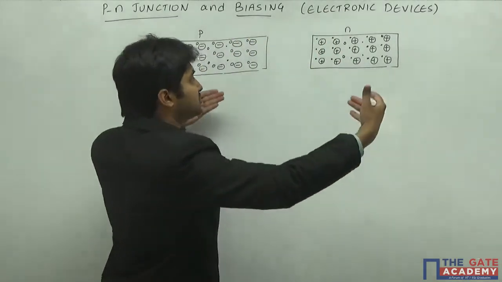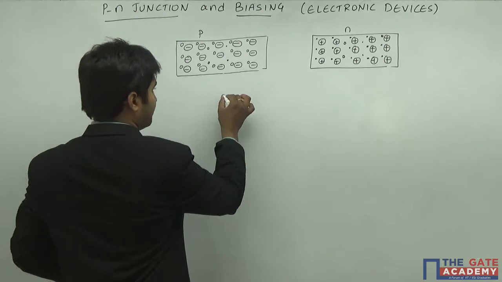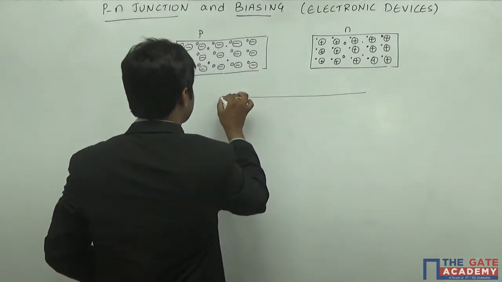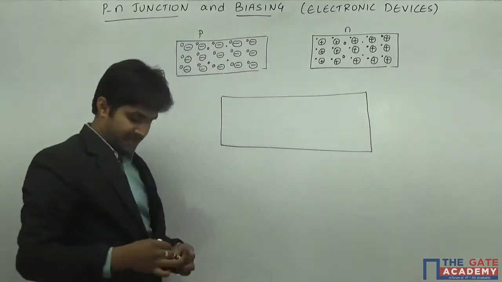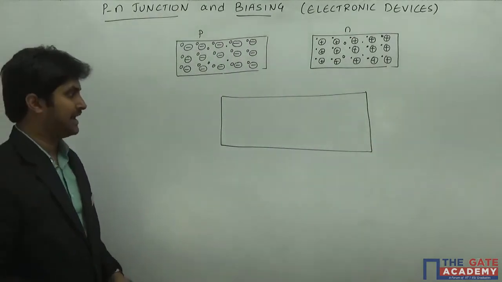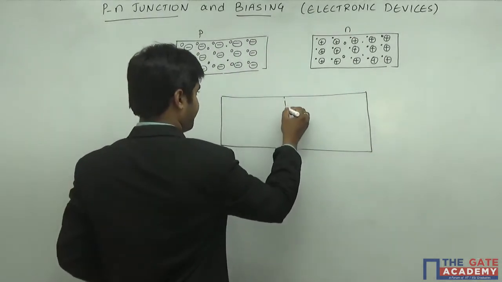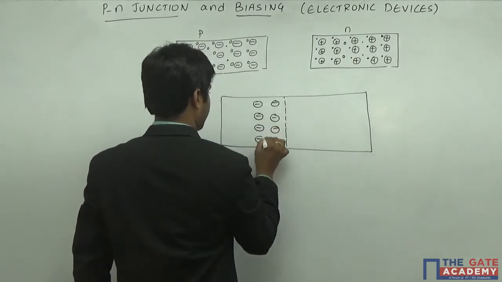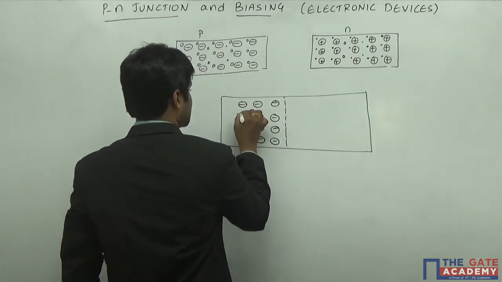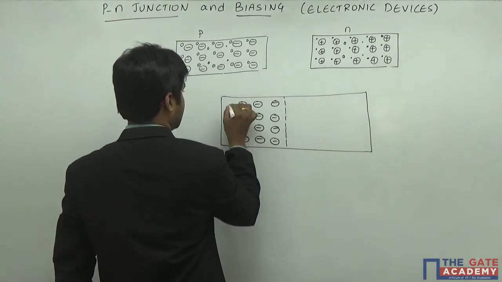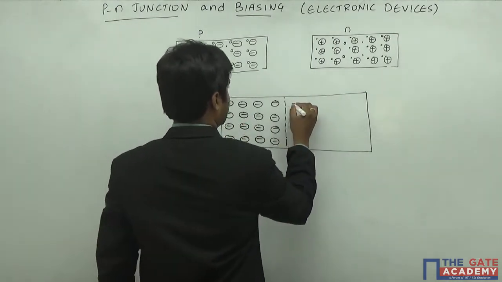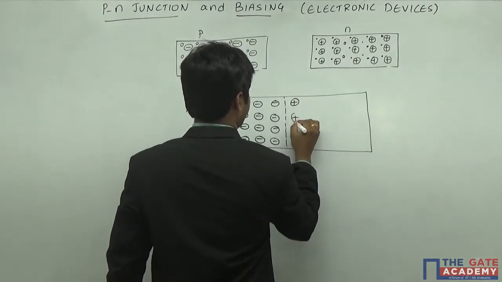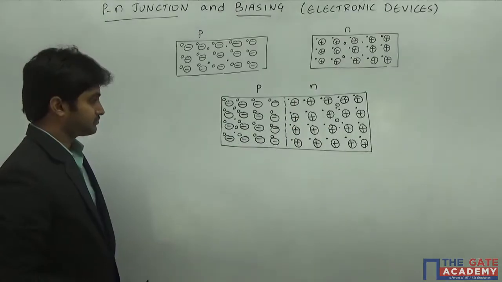Now we are trying to merge both of them. Now this is going to be very interesting. What is going to happen upon merging a p-type and n-type semiconductor? To the left side I am drawing a p-type, and to the right side I am drawing an n-type.